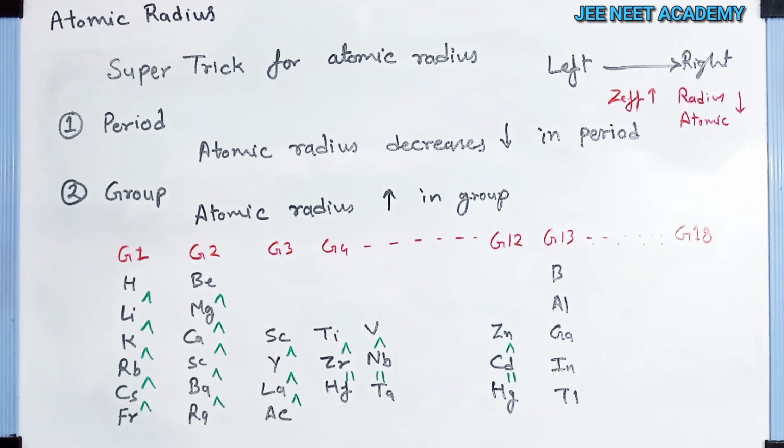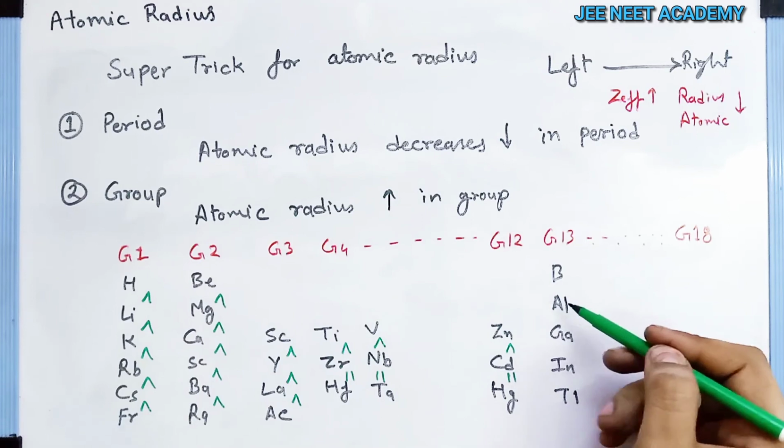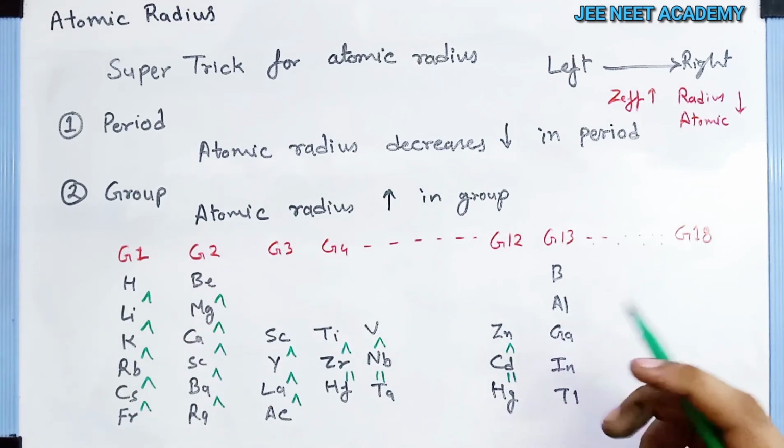Top to bottom, we know that the radius is increasing, but because electrons are coming into the d subshell, because of d-block contraction, the radius order here will be the opposite.